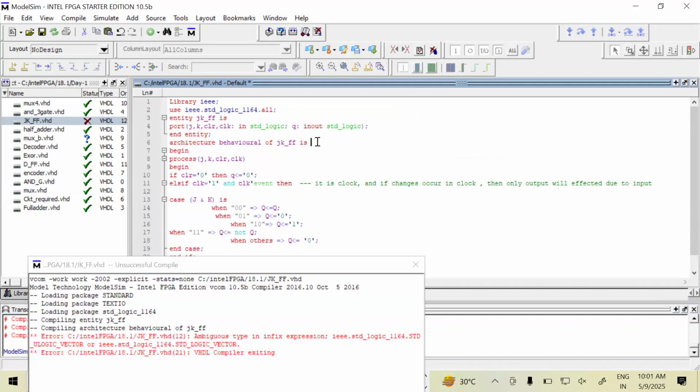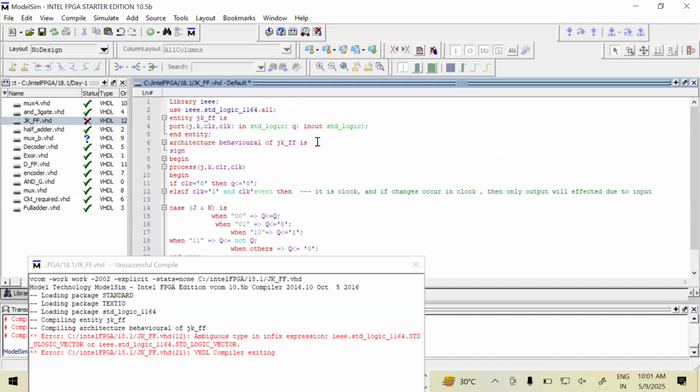Let us take one signal. Signal K, std underscore logic, and then I write it here. K is less than equal to J and K. Close.